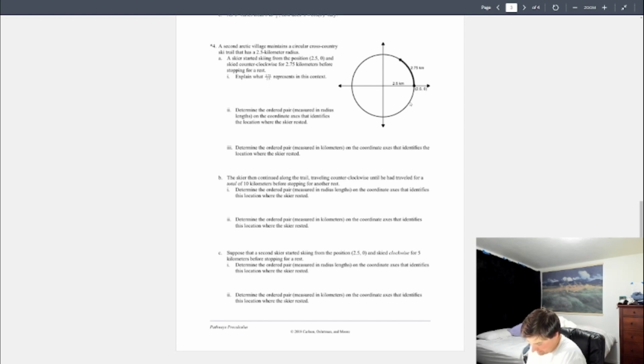Continued along the trail until he had traveled for a total, emphasized total, 10 kilometers before stopping for another rest. For a total. I'm going to assume it starts from here. So because of that, let's see, total. 1, 2.5, 5, 7.5, 10.